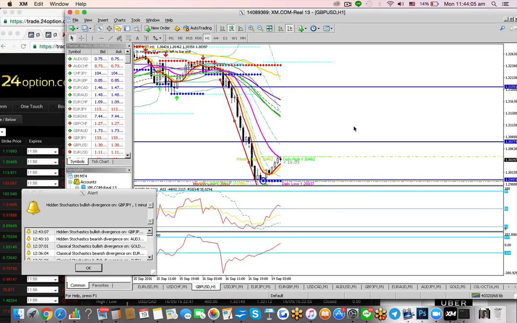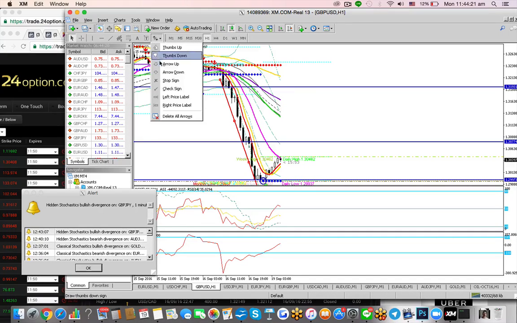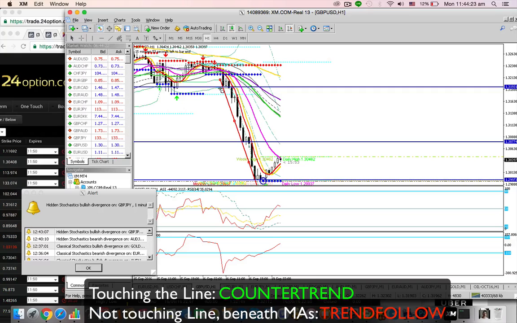Okay, now what I mentioned previously in my recent videos is also that when you're trading, you want to be able to set your expiry time to be able to capture the biggest part of the movement. So, let's say when we are going counter trend, there are two ways to trade this. One way is obviously counter trend, and the other way would be with the trend.